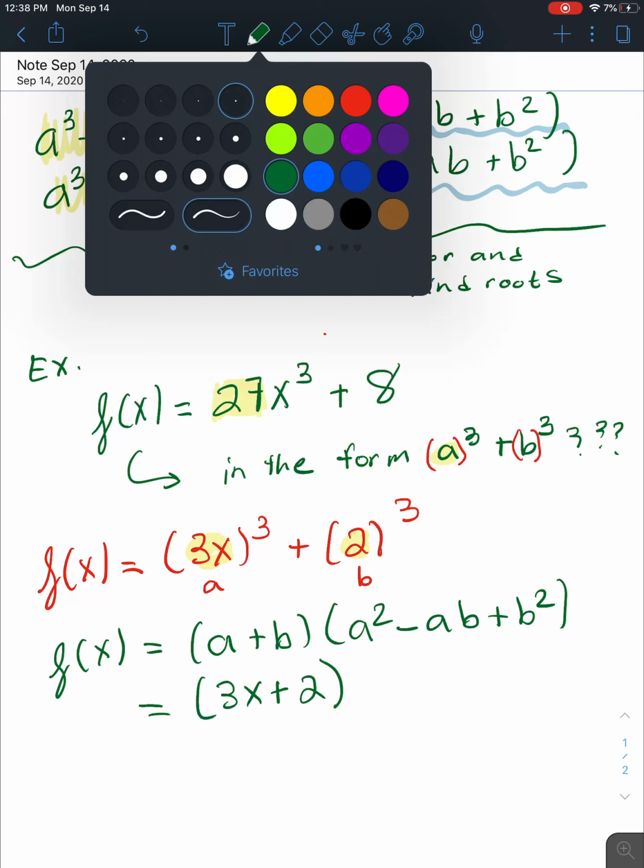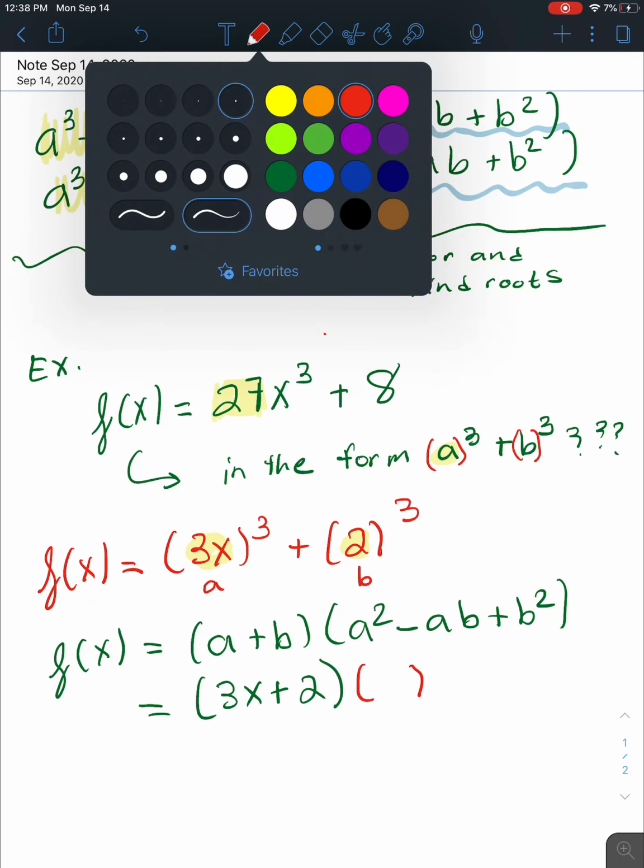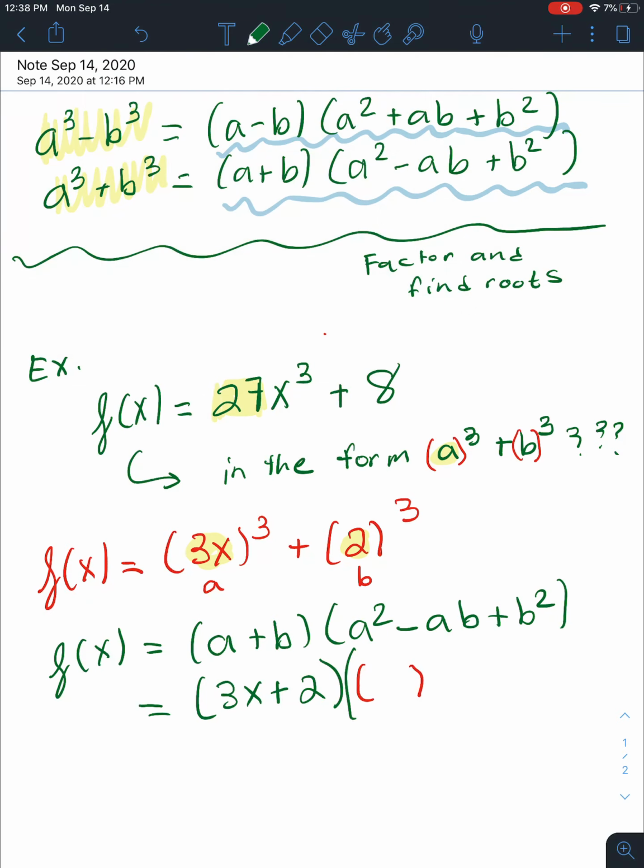Watch what I'm going to do here. I'm going to put a parentheses for a, because my a is 3x, and that's being squared, minus 3x times 2 plus 2 to the second power.